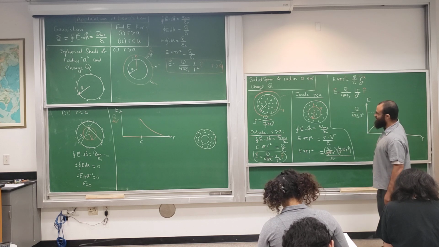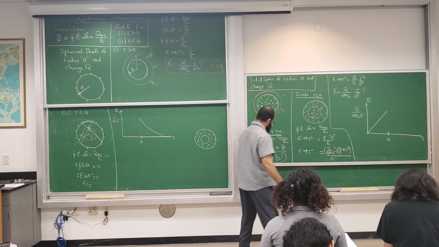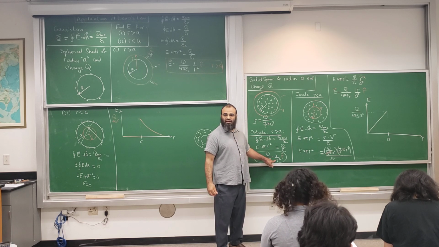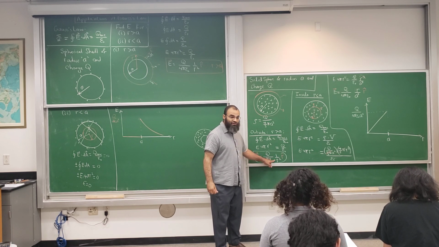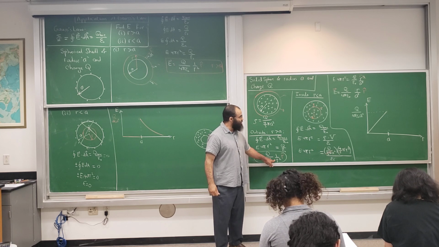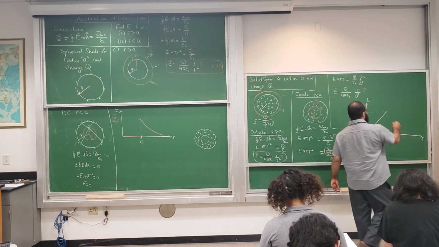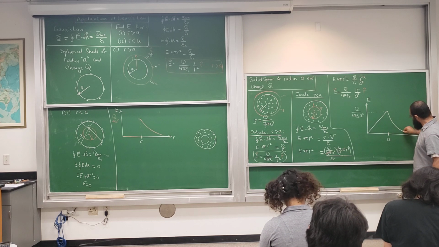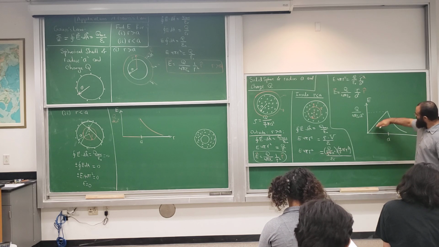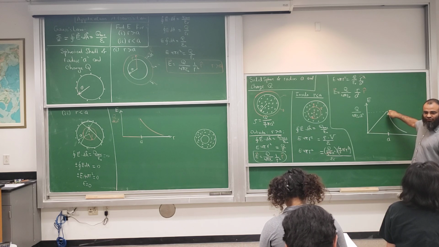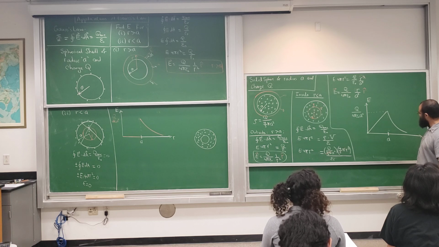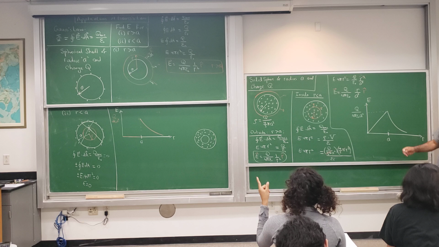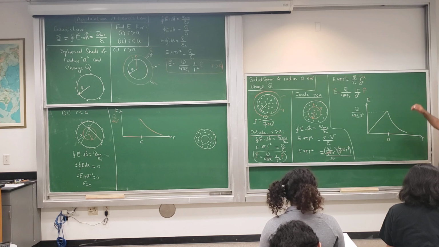Let's look outside. On the outside, this is the field. What's the field at R equal to A? It's the same, so you don't have a jump or discontinuity. It's going to just be like this, because it's 1 over R. So it grows until you get to the surface of the sphere, and then it starts to go down. For the shell, it was 0 and then it jumped to something.